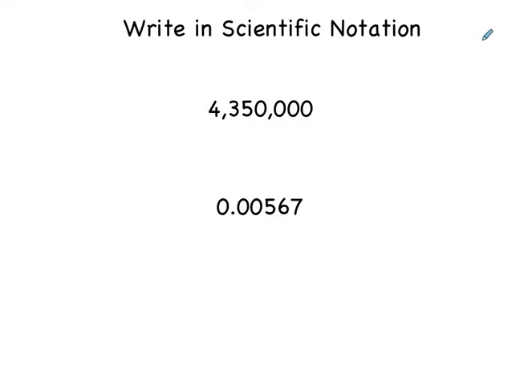Now, the next thing I want to talk about is how to write a number in scientific notation. Whenever you do that, you have to have a non-zero number in the ones place. So in this case, I would start with the 4, and then I would have the 0.35 after it. So nothing in the tens place, nothing in the hundreds place. I have to have a non-zero number in the ones place.